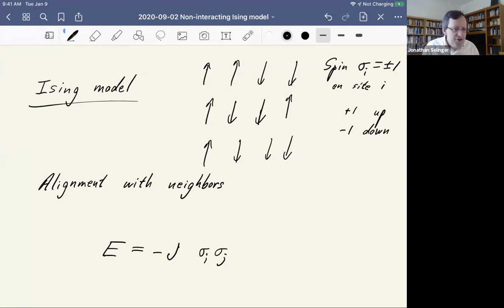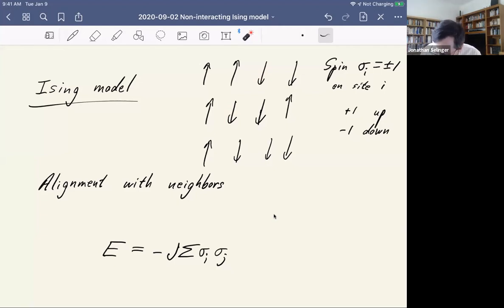Okay, next, what else do we have? This thing has to be, of course, summed over all the nearest neighbor pairs in the lattice. Whenever we have a nearest neighbor pair, that means a pair going sideways or up and down, that goes into the sum. But if you have two sites that are like there and there, those are not nearest neighbors. Those are farther apart, so those don't count.